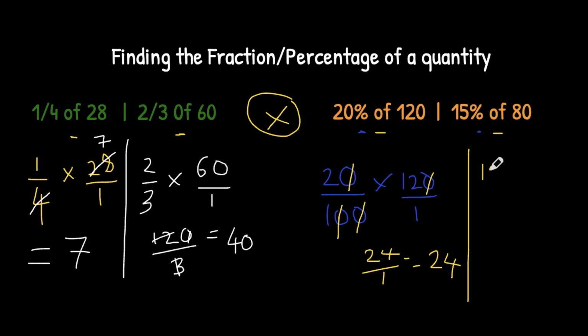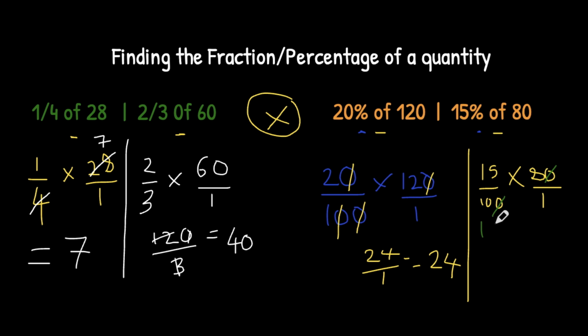This question says 15 over 100 times 80 over 1. If we stick with our 0 for a 0 method, we take that 0 for that 0, but we can't cancel any other zeros because the 15 doesn't have a 0. So we will have to say 15 times 8.